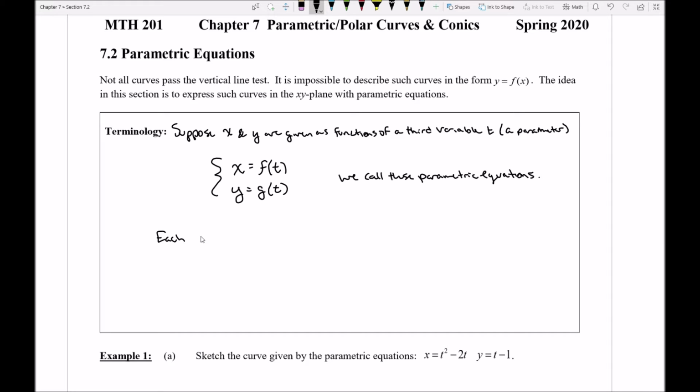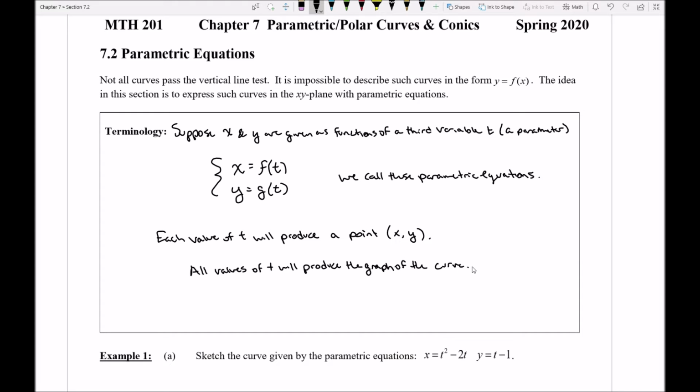So I'll summarize that by saying that each value of t will produce a point (x, y), and all values of t will, in a sense, produce the graph of the curve, which is what we refer to again as a parametric curve.